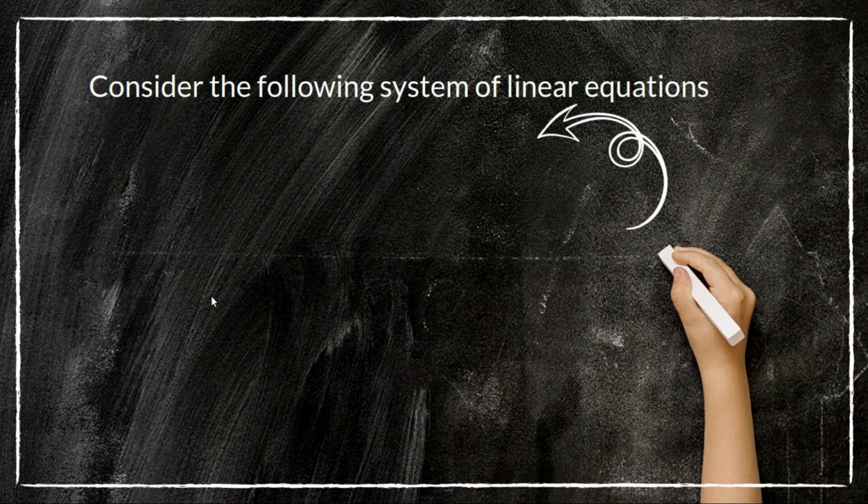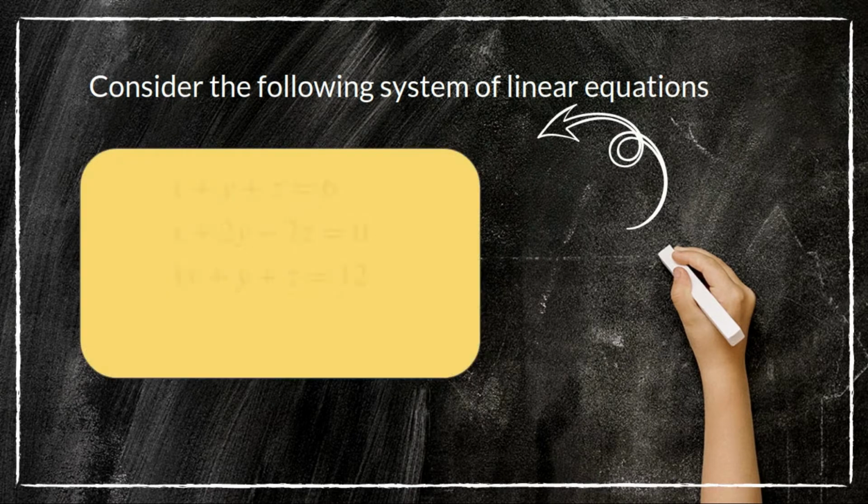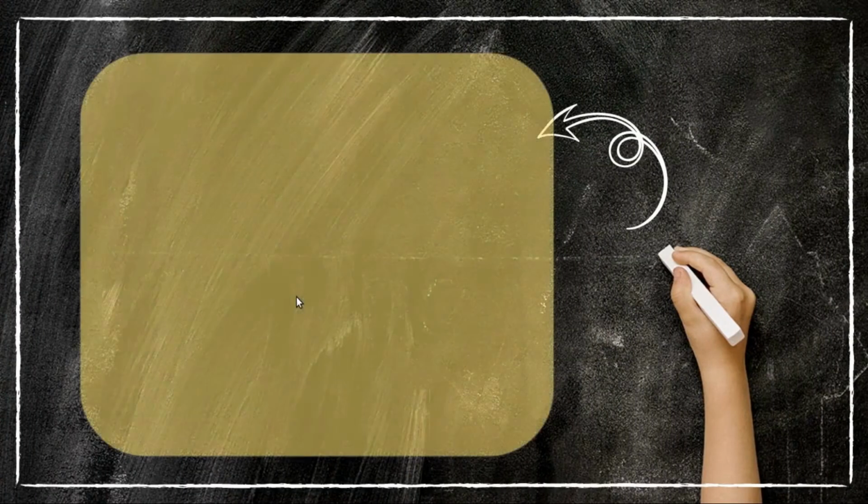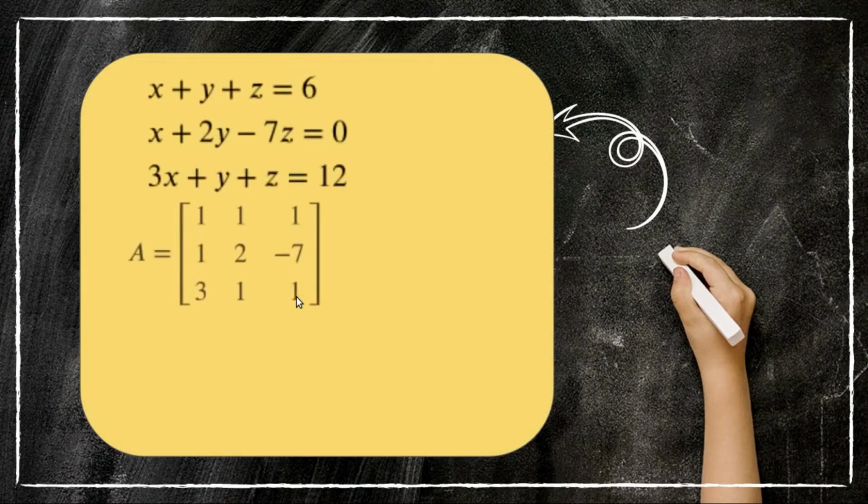Consider the following system of linear equations: x plus y plus z equal to 6, x plus 2y minus 7z equal to 0, 3x plus y plus z equal to 12. Now here the coefficient matrix: coefficient of x is 1, coefficient of y is 1, coefficient of z is 1.